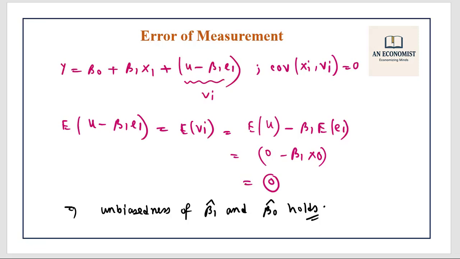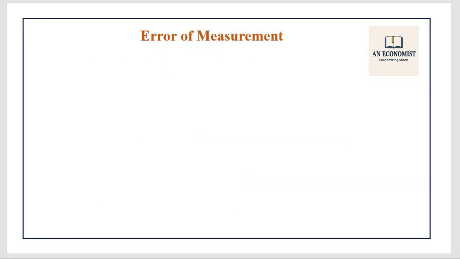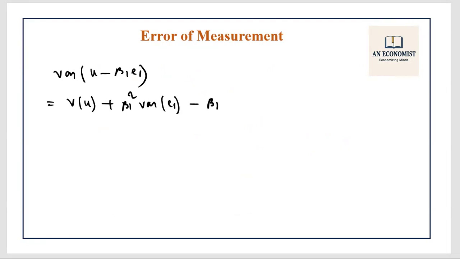Now we will only show the impact on the variance. We have already shown that beta 1 cap is both unbiased and consistent. Now we need to show the variance. So the variance of U minus beta 1 E1, you start with this: it will be variance of U plus beta 1 square variance of E1 minus beta 1 covariance of U and E1.